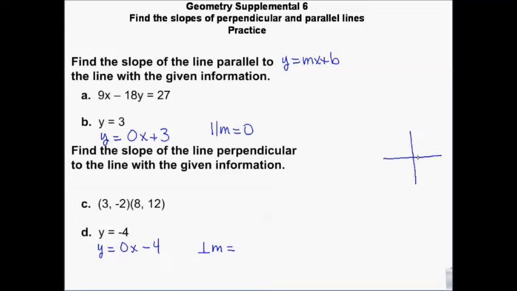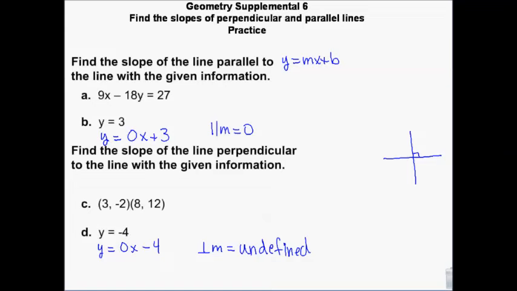And do you remember what the vertical line slope is? That's because there isn't one. Well, there is an answer, and the answer is that there's no answer, or that it's undefined. But you have to say undefined so that you know you're talking about a vertical line.